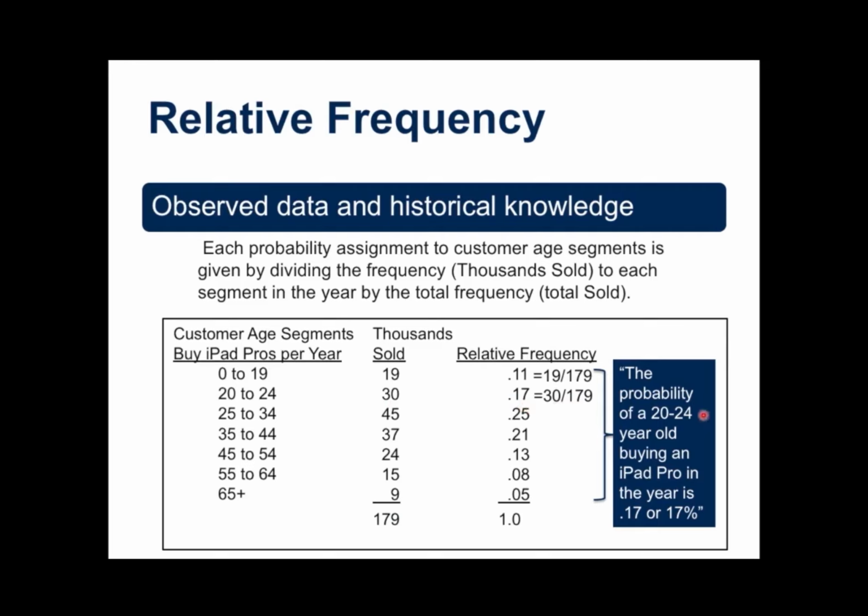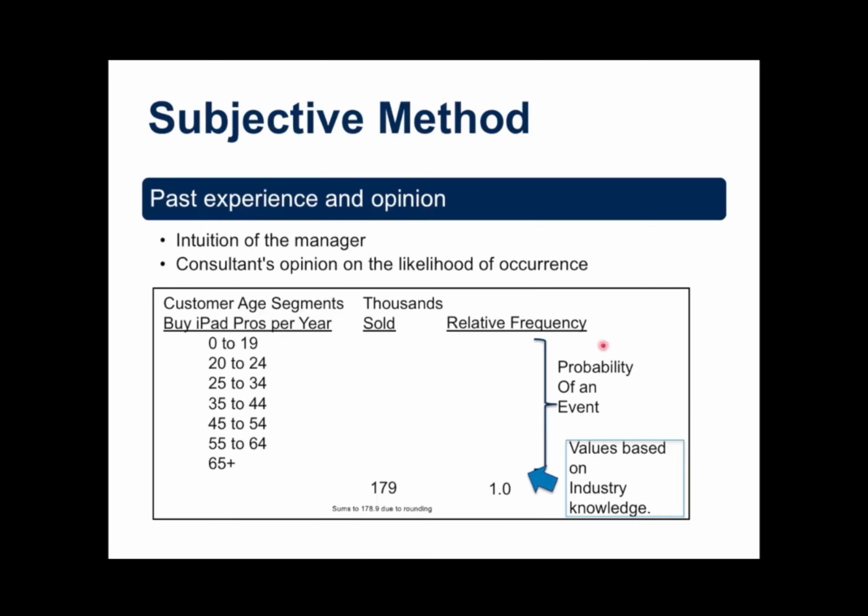The probability of a 20 to 24-year-old buying an iPad Pro in the year is 17%. So if you're doing a marketing plan or something like that, understanding the relative frequency of how your customer segments are buying and the number of units that they're buying, that could really drive some important decisions on where your budget should go. We'll be looking at some of those examples as we go on.